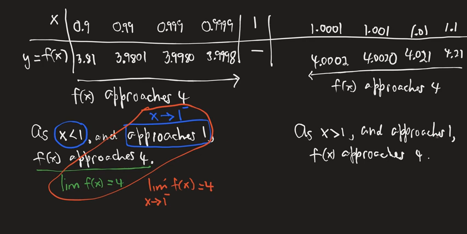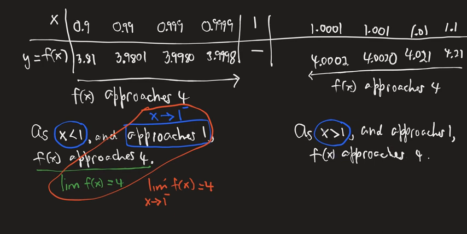Now over here, the only thing that is different is the inequality. This is where x is greater than 1. Everything else is the same. When x is greater than 1 and approaches 1, your f of x still approaches 4, right?